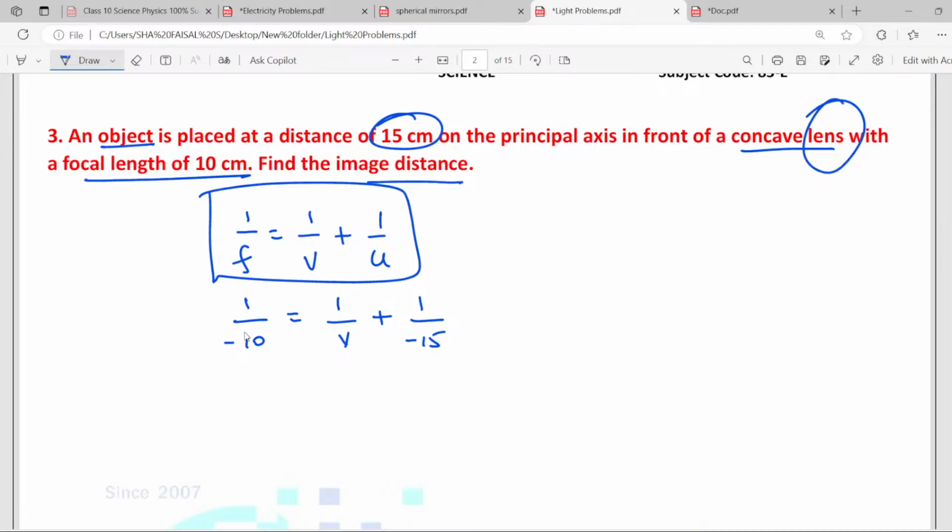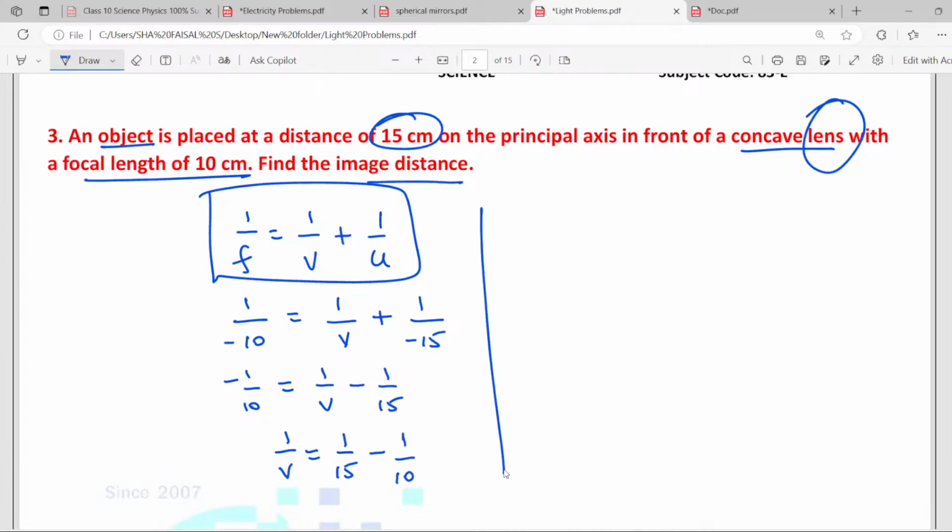Now we have to simplify. Either you write 1 by minus 10 or minus 1 by 10, both are same, is equal to 1 by v, plus into minus is minus 1 by 15. Now we need the value of 1 by v, so keep 1 by v as it is. 1 by v is equal to minus 1 by 15, come to the other side, plus 1 by 15 minus 1 by 10.